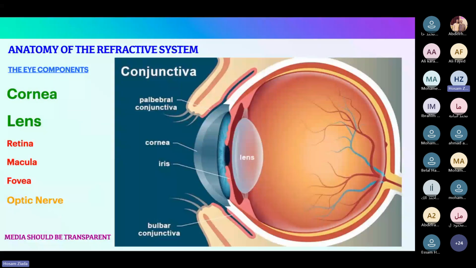So if there is opacity in the cornea, in the aqueous, in the anterior chamber, if there is opacity in the lens, if there is opacity in the vitreous, the vision will be interrupted. So for refraction to be done perfectly, all the media through which the light rays are passing should be transparent and clear.